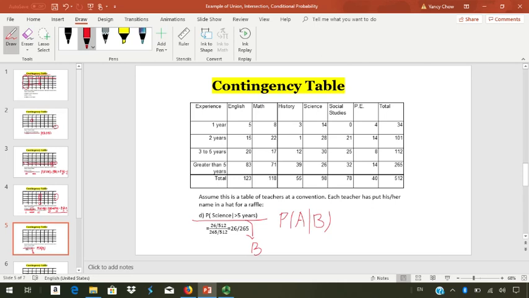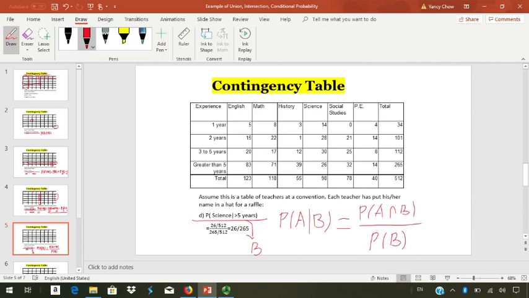Or simply speaking, among the teachers who have more than 5 years teaching experience, how likely they teach science? So the conditional probability equals probability A and B divided by the probability of B.